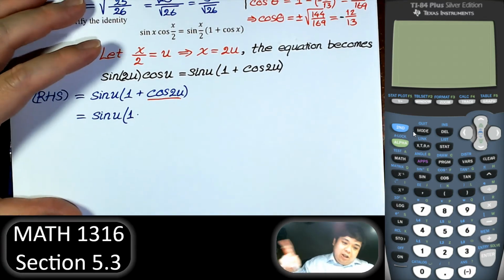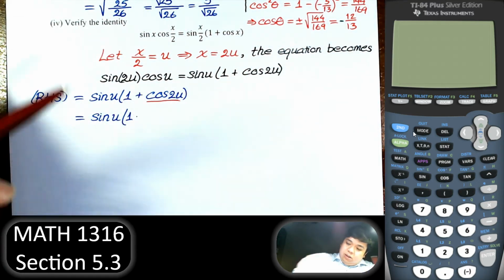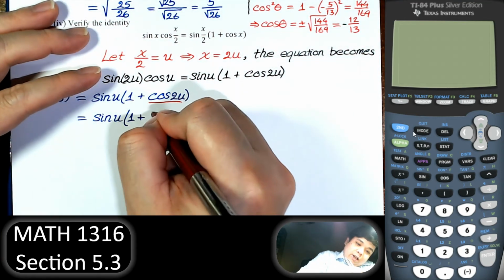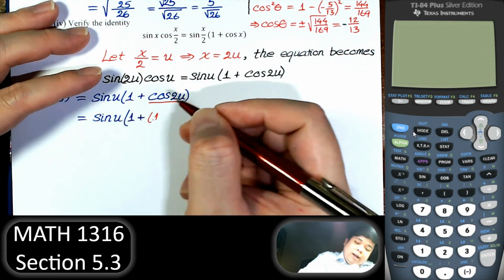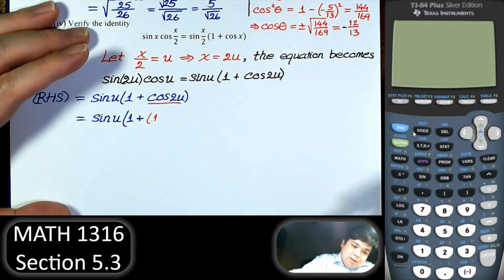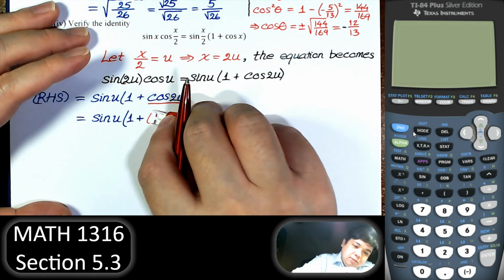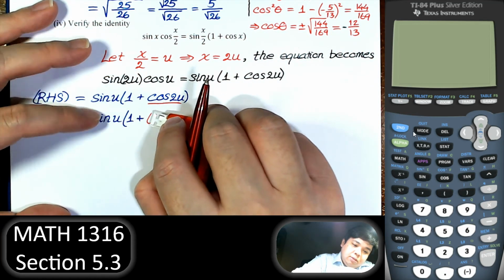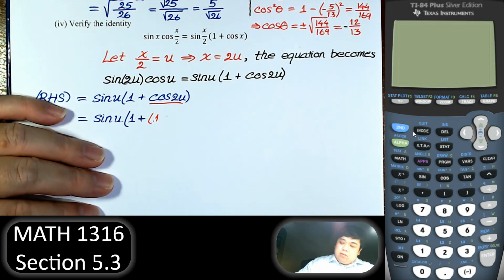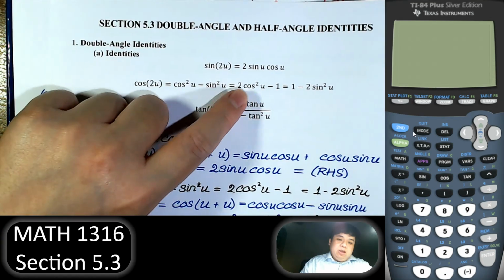So cosine of 2u is 1. Right, use this one in the middle.